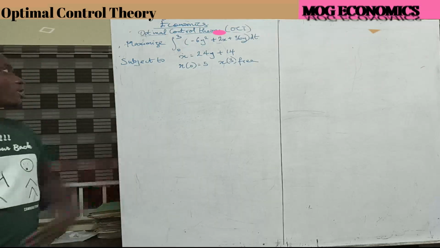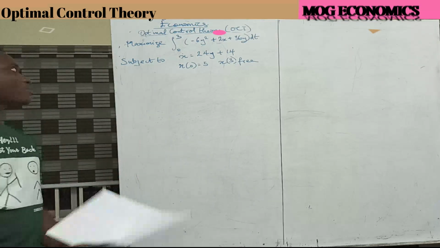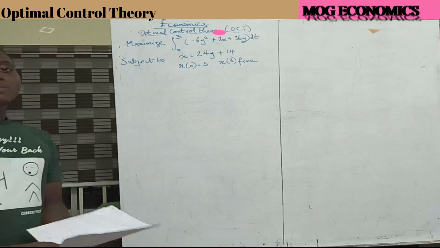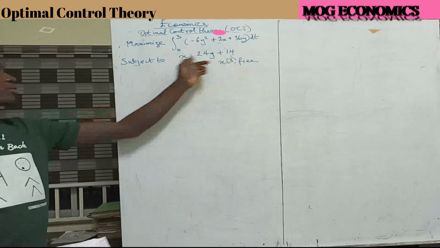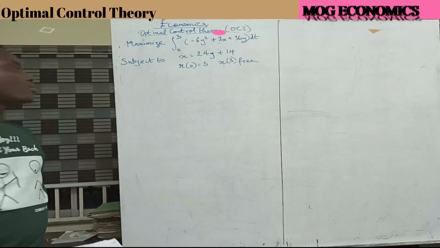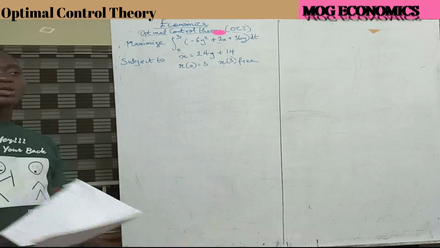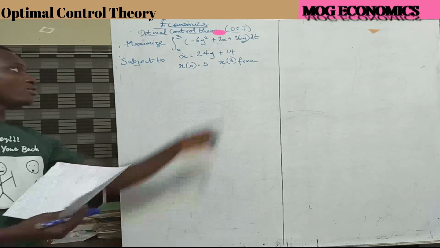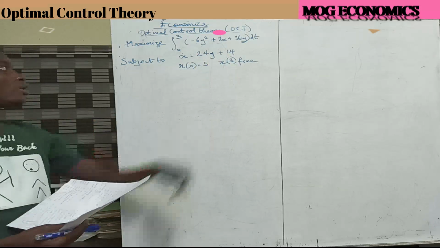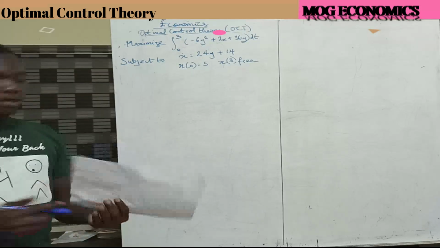Now let's get back to this particular class, which should be the last. Here it's still under free endpoint, but you can see, or you've probably not noticed, look at it. Your constraint is not a single number, it's more than a single number now. So now you have a constant in your constraint: 24y plus 14. So what do we do?